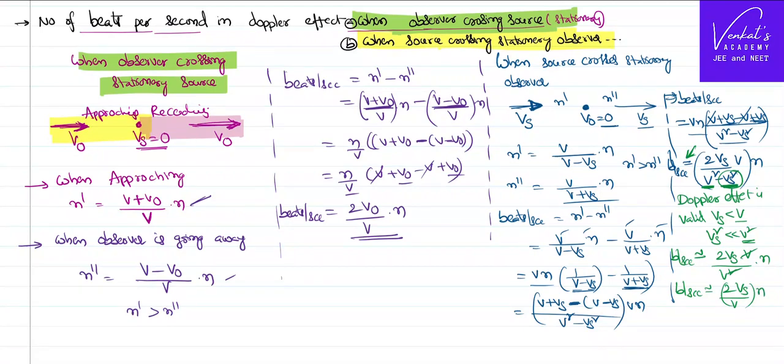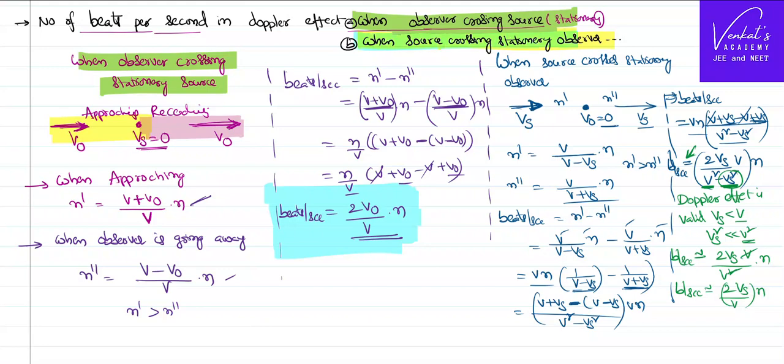I want you to observe one thing carefully. When the observer is crossing, you got an answer of 2 times the velocity of the observer by the velocity of sound into N, which is a perfectly accurate equation.